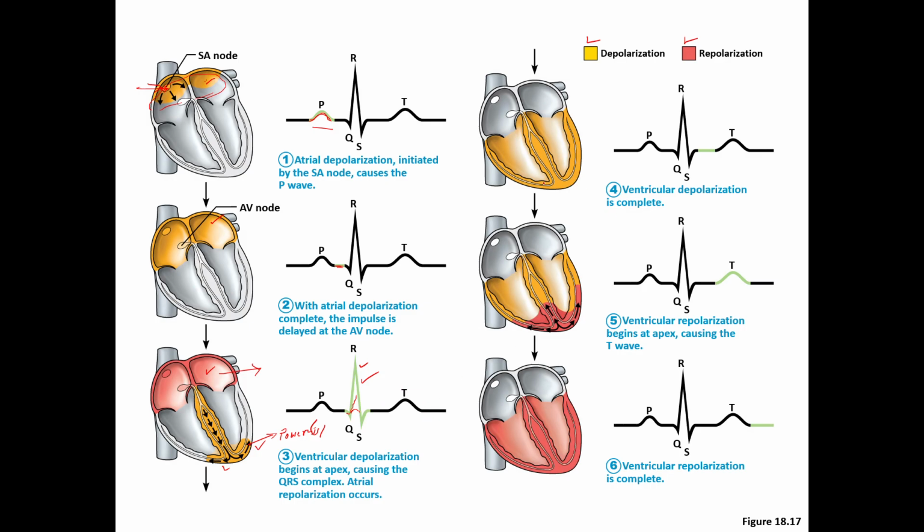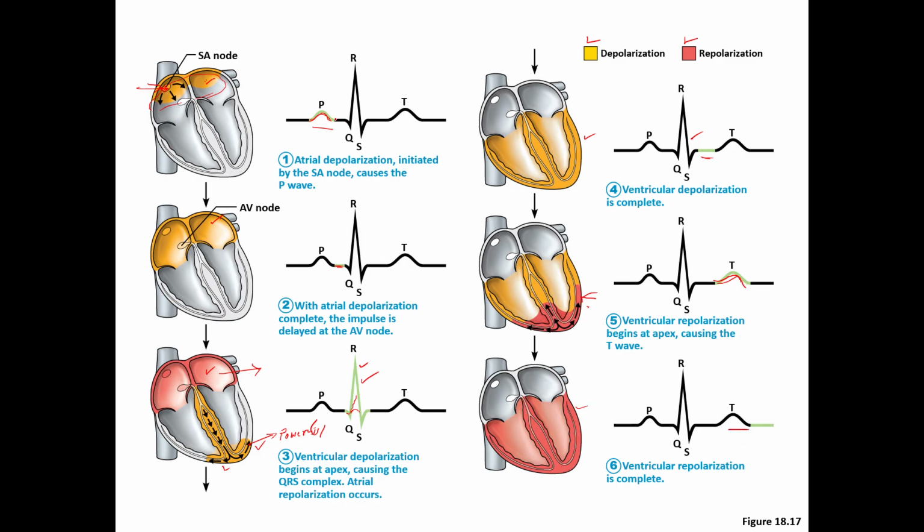Then ventricular depolarization is completed. So this one is completed. Now the trace is here, and then ventricular relaxation is started here, right? So you see the formation of T here. So now relaxation is completed. That means T is completed.